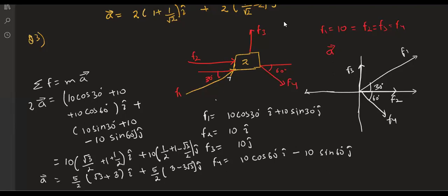After taking the LCM, 1 by 2 would be outside. What is the LCM of root 3 by 2 plus 1 by 2? It would be root 3 plus 3 by 2. So I have taken the 1 by 2 outside, as simple as that. Got it, Navya?